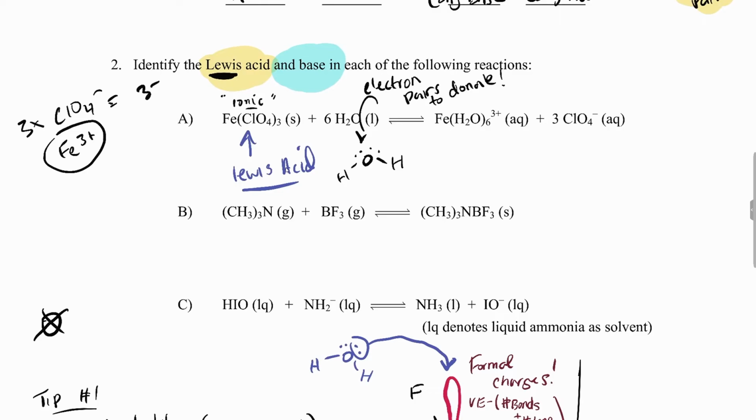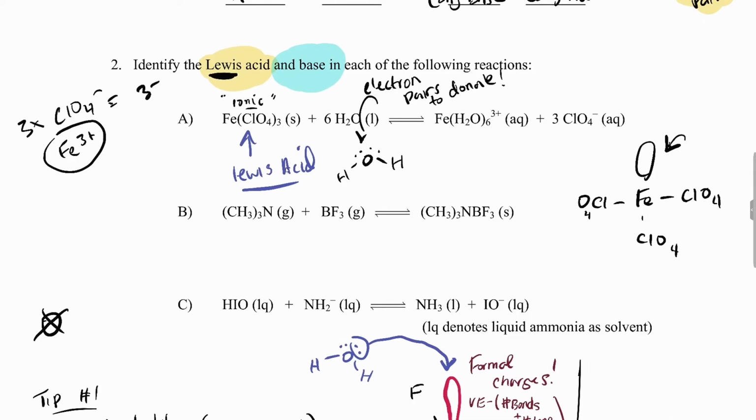And if you were to actually draw the structure of FeClO4, I'm going to erase it after, it would be Fe. We can see that it's making 3 bonds, so ClO4. I'm not drawing the ClO4 because it's a kind of a big structure. You see that it's making 3 bonds, so it has an incomplete octet, so it has these available orbitals where electrons can be pushed in.